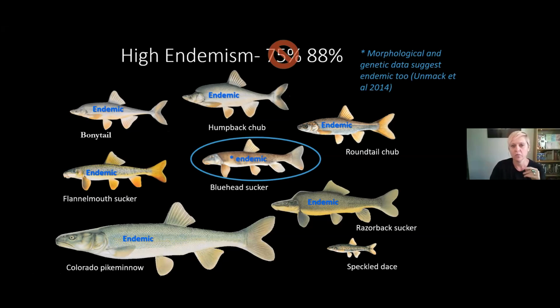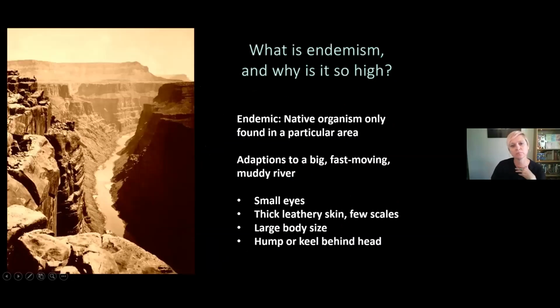So now we can say we have 88% of the native fishes here are endemic only to this region. Why is that? Most of these fishes have adaptations to a big, fast-moving and muddy river. Things like small eyes, few scales, and thick leathery skin. Many of them are large in size, and several have a hump or a keel behind their head also.